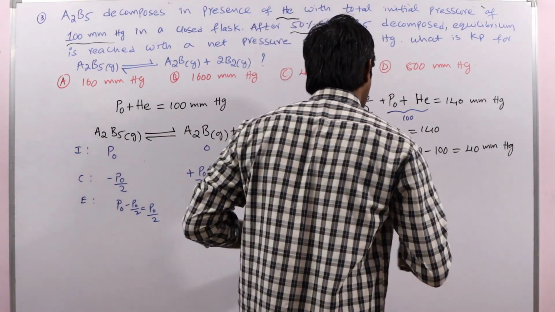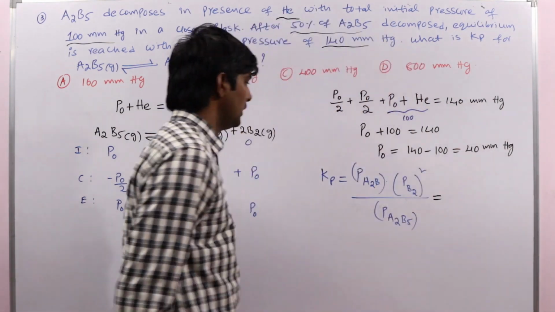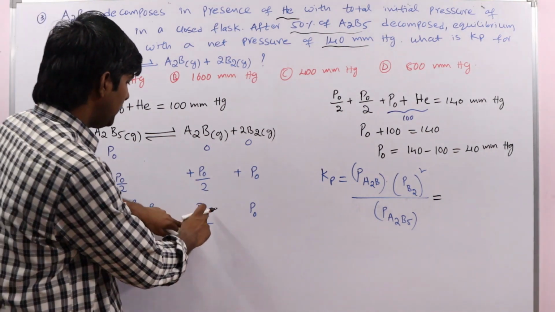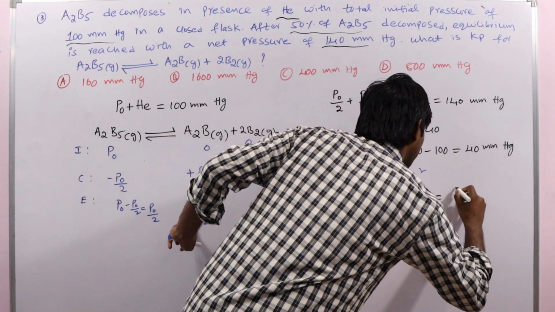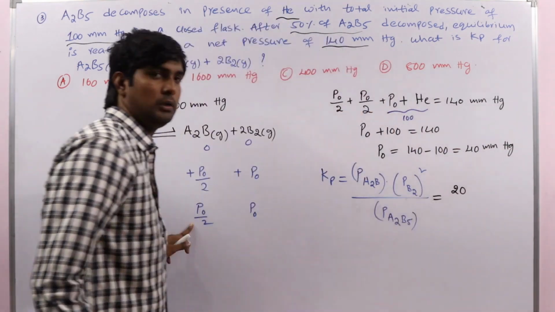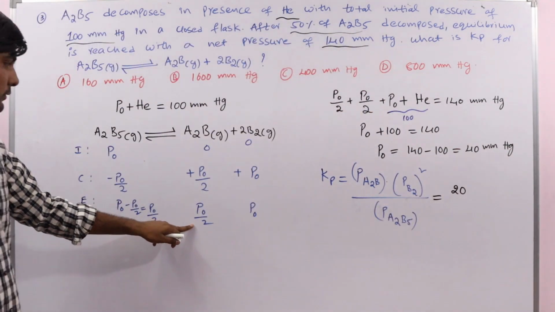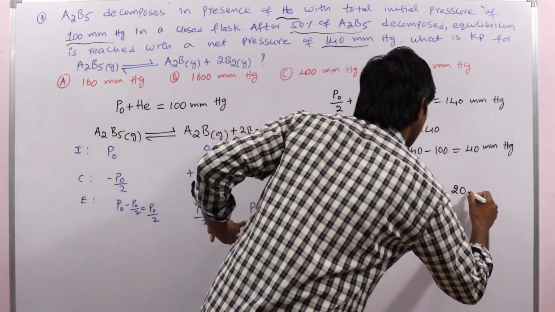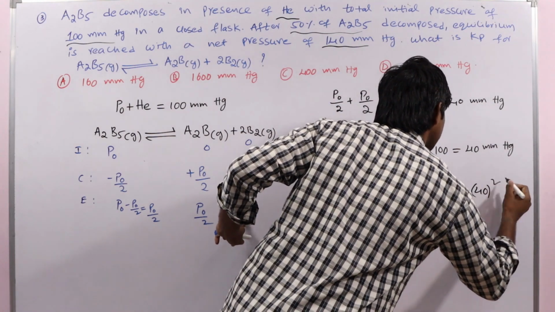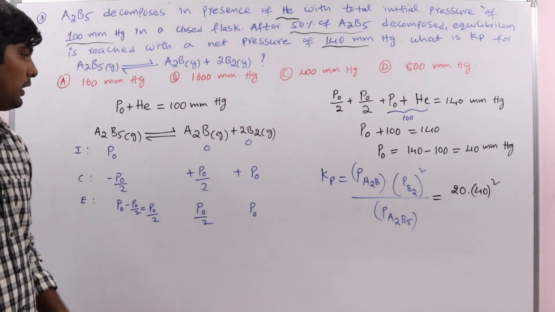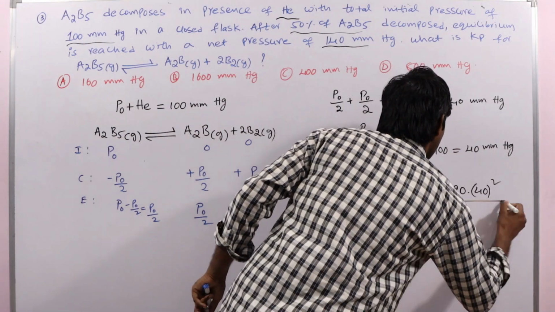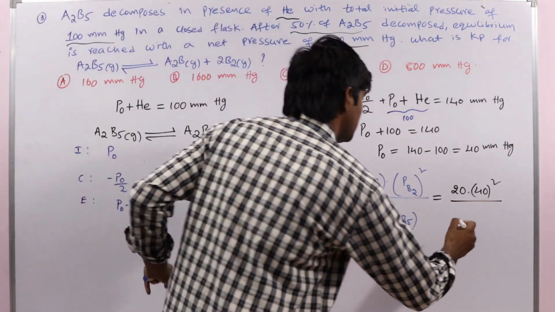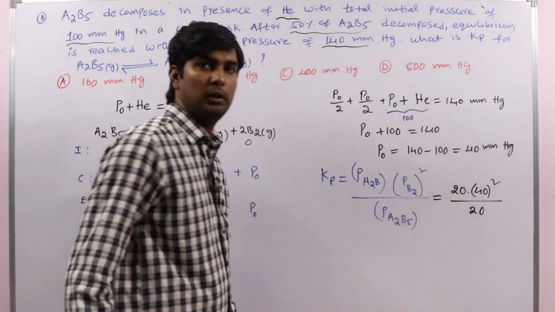If you substitute here, partial pressure of A2B, how much? P naught by 2. P naught is 40, so 40 by 2 equals 20. And this one, P naught, so here 40 whole square, divided by the equilibrium partial pressure of A2B5, which is P naught by 2, that is nothing but 20.